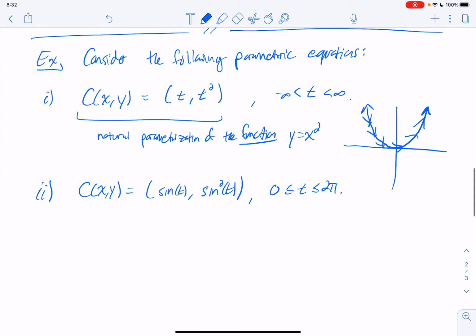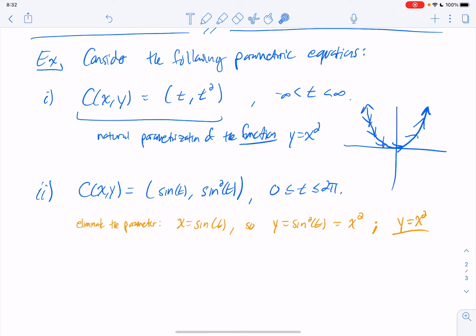However, what we'll note is that if I eliminate the parameter, notice that x is equal to sine of t. So y, which is sine squared of t, is equal to simply x squared. What that means is we're looking at, again, y equals x squared. Well, that's this picture. So using the quote-unquote variable sine of t is going to produce the same looking curve.